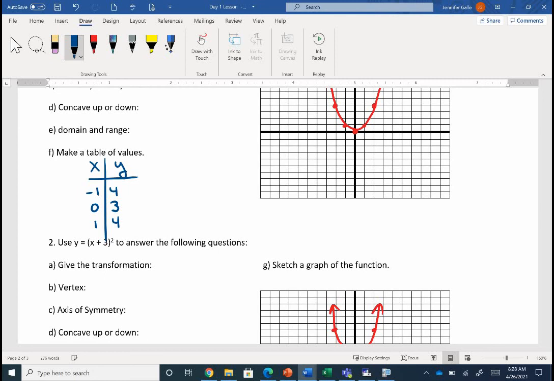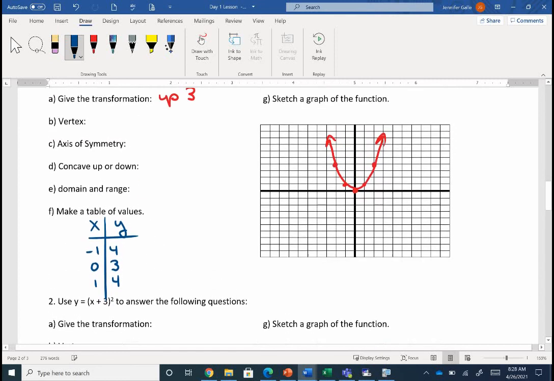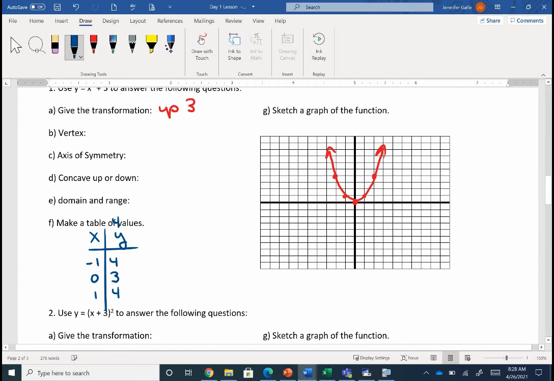We're just going to do a few points to get us our graph. So I just grabbed a few of those points. I put the vertex at the middle, and then I picked a point on either side so we can get a nice idea of what our graph looks like. So 0, 3, 1, 4, and -1, 4. And then we just draw that nice curvy U shape.